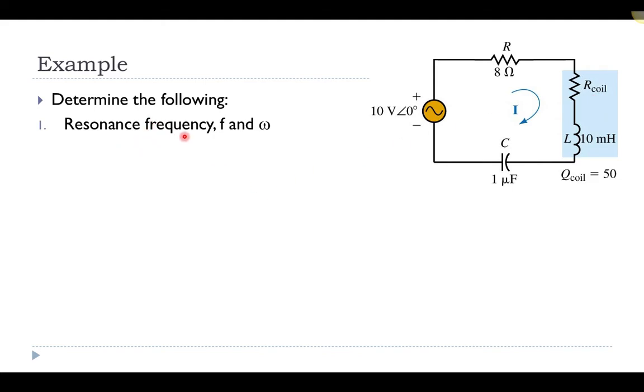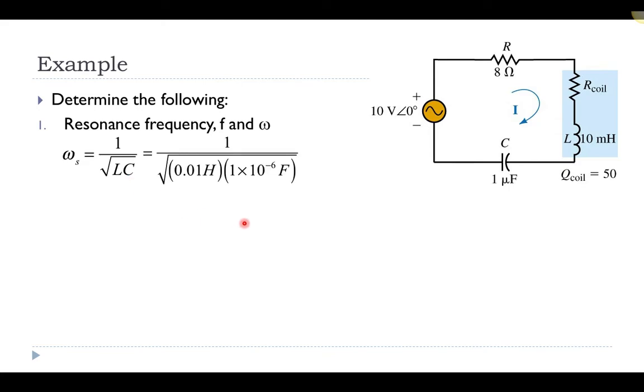So we want to determine what the resonance frequency is and what the resonance angular frequency is also. We know that the resonance angular frequency is just 1 over the square root of the inductance times the capacitance. I need to make sure that I have these values in terms of the standard units. So my inductance I would convert to Henry, so 10 millihenry is 0.01 Henry, and my capacitance is 1 microfarad, which is 1 times 10 to the minus 6.